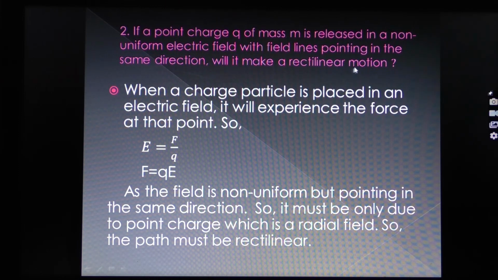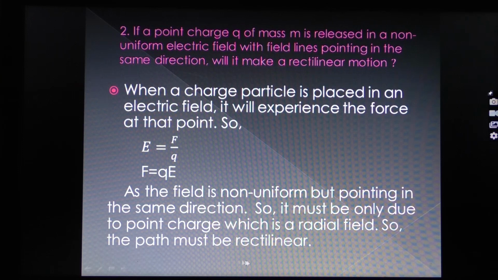Will it make a rectilinear motion? What do you mean by rectilinear motion? Means straight path. When a charged particle is placed in an electric field, definitely what happens? Yes, it will experience a force, which is given by F is equal to Q into E. As the field is non-uniform but pointing in the same direction, it must be only due to a point charge, which is a radial field.